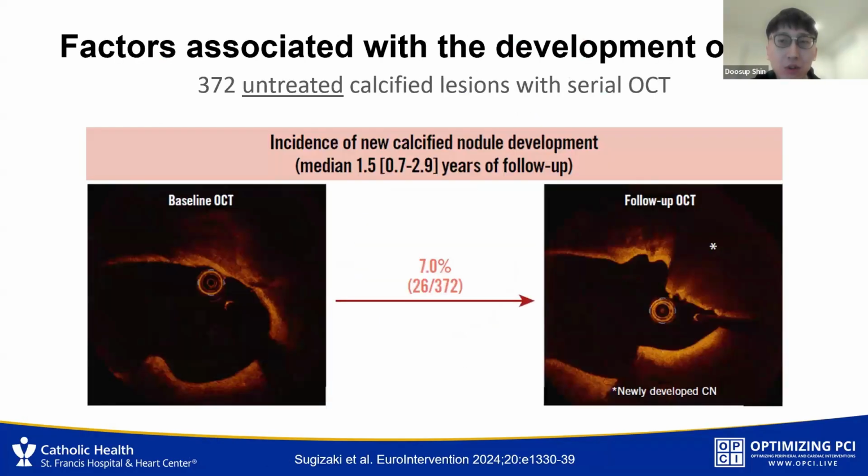These hypotheses were supported by our recent study of 372 untreated calcified lesions with serial OCT over time. In this study, 7% of the untreated calcified lesions eventually developed a new calcified nodule over the median follow-up of 1.5 years.